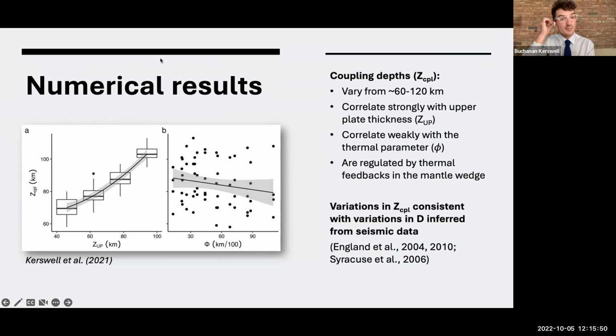Sure, thanks. The definition is temperature. We use the 1100 degrees C isotherm for the thickness of the upper plate. We first define it using that temperature, and then in the models, we adjust the heat flow so that we get the correct thickness.